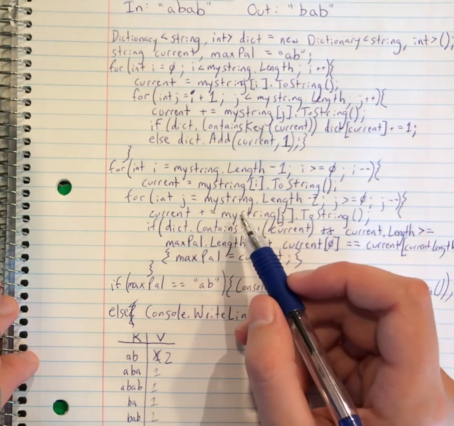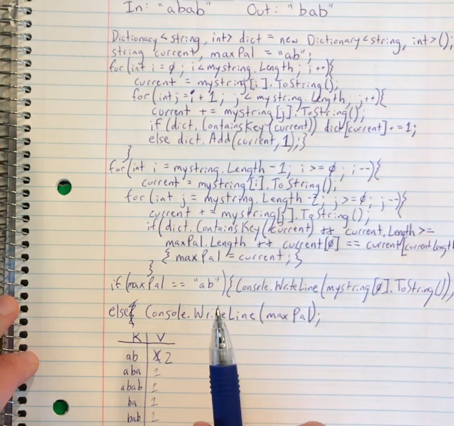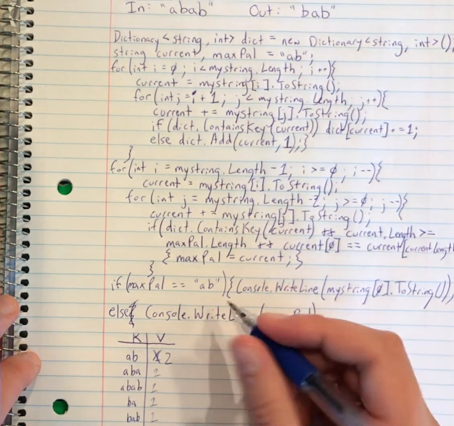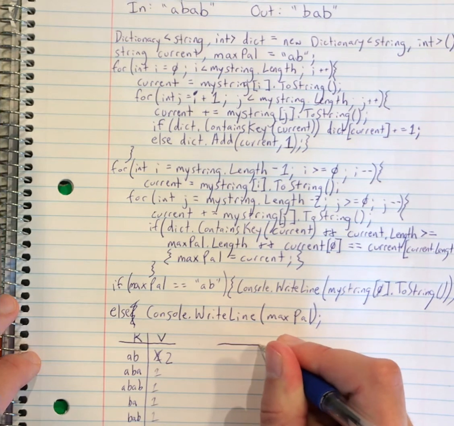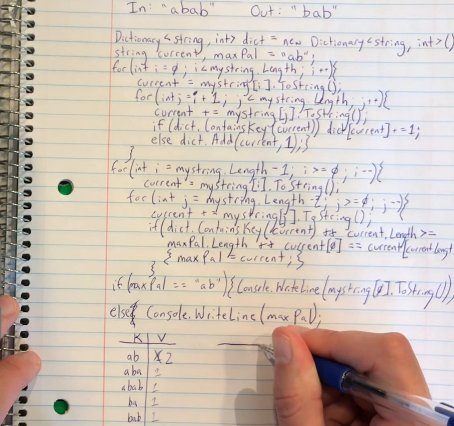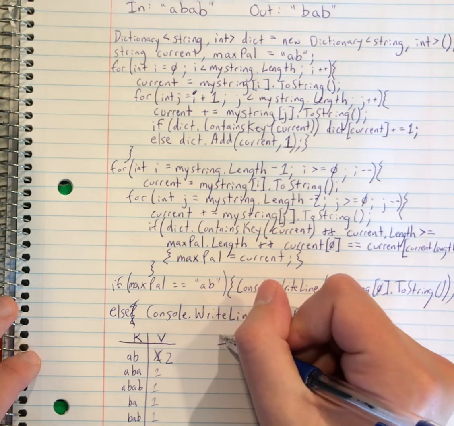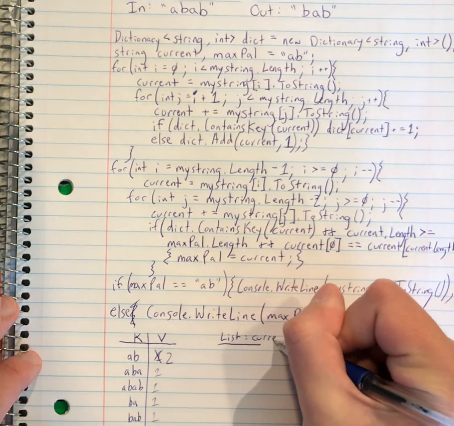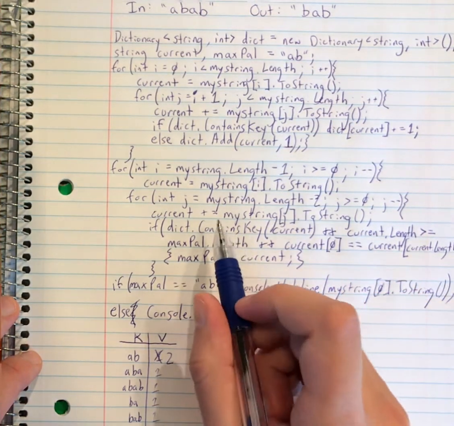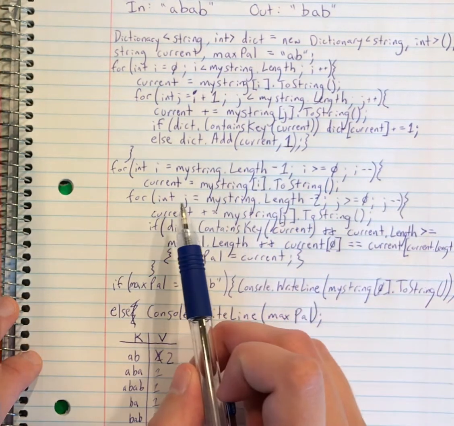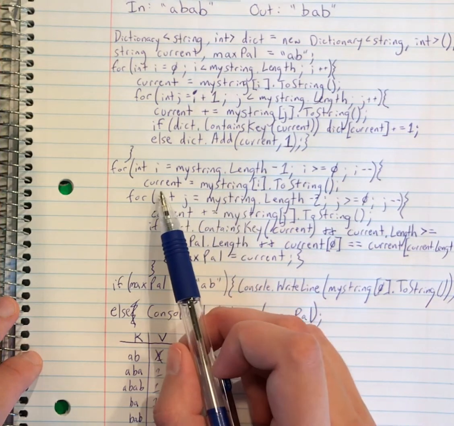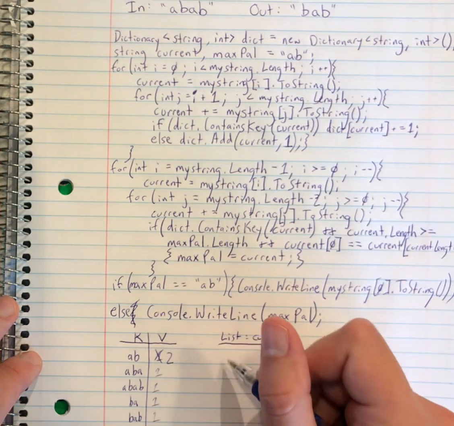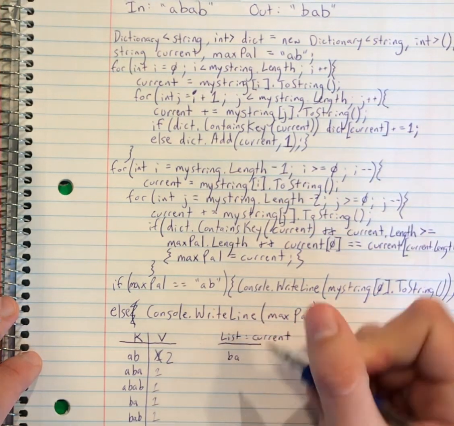Okay, so similarly here, I'll make a list. This isn't getting stored into memory anywhere, but I'll make a list for us here so we can see what current is. Okay, so we start at the rightmost. Current is now B. We add on the second from the rightmost, A. Current is now BA.